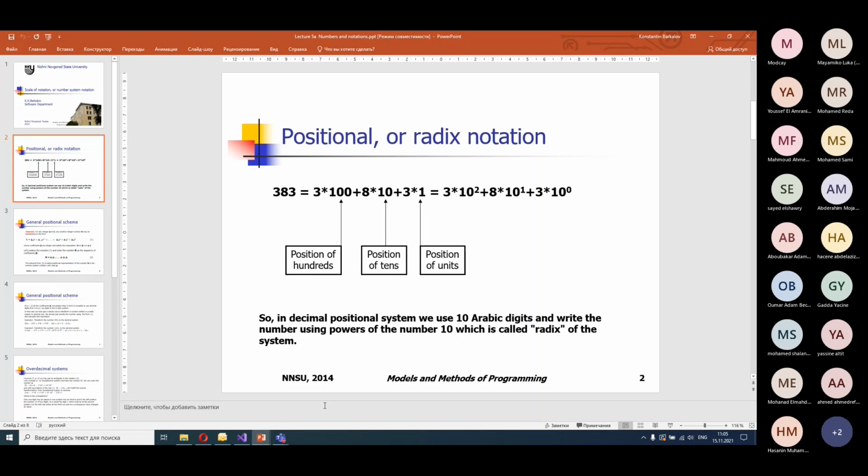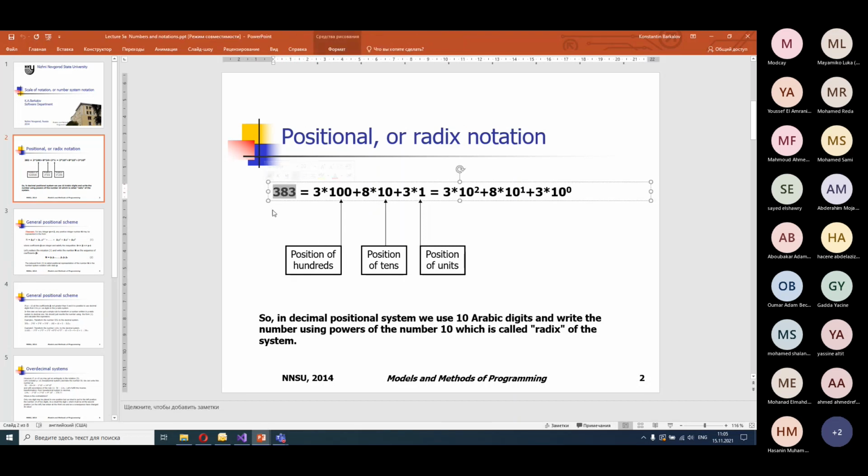Well, in our usual life, when we write a number, we use the so-called positional or radix system of notation. What is this number? 383. We use this short form, just 383.